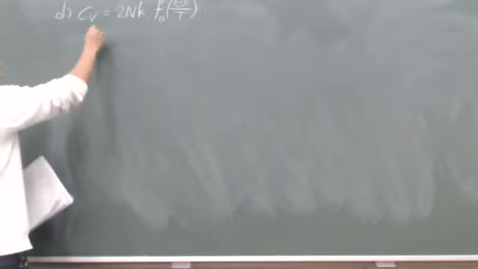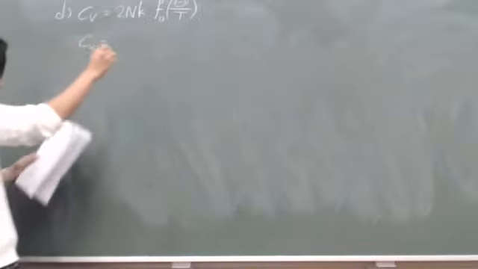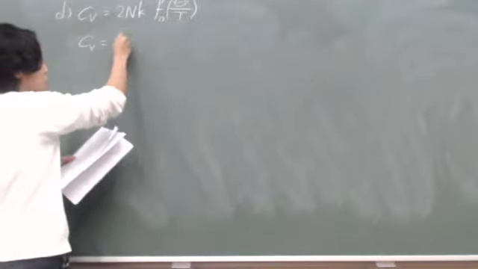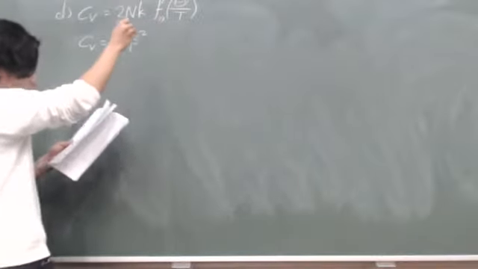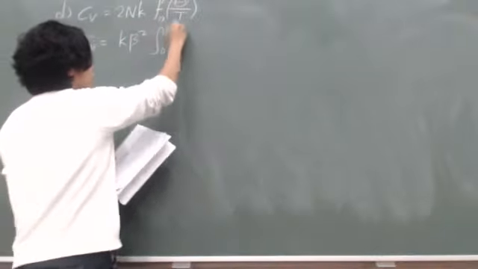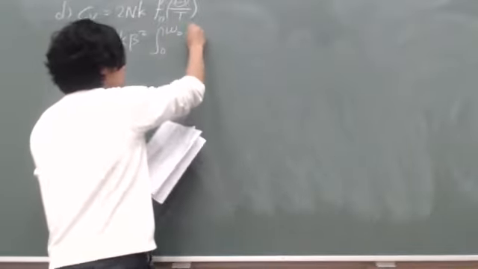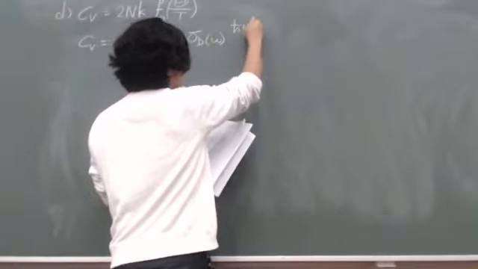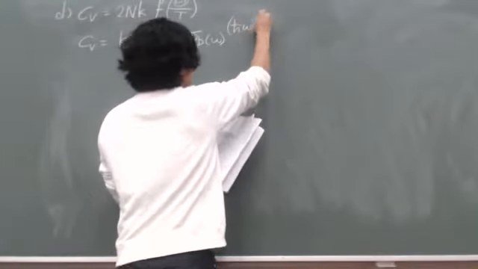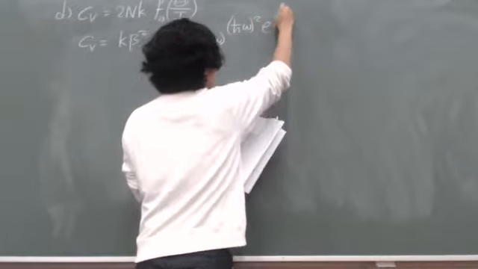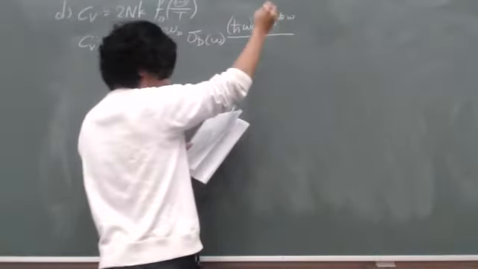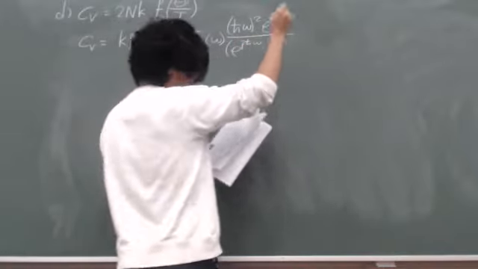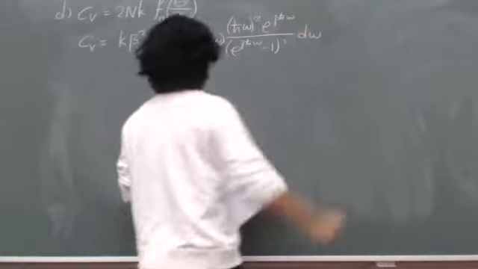So you're going to have to take a leap of faith here. CV by definition in the Debye approximation from the lecture notes is defined as k beta squared, integral from 0 to the cutoff frequency, of the density of states weighted by all your energies, so h bar omega squared, e to the beta h bar omega divided by e to the beta h bar omega minus 1 squared, d omega.